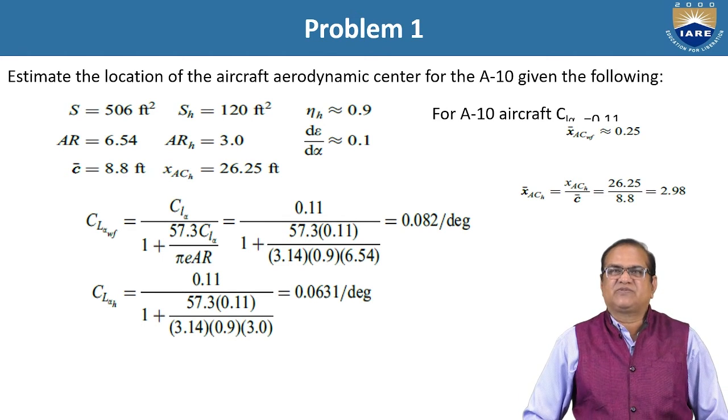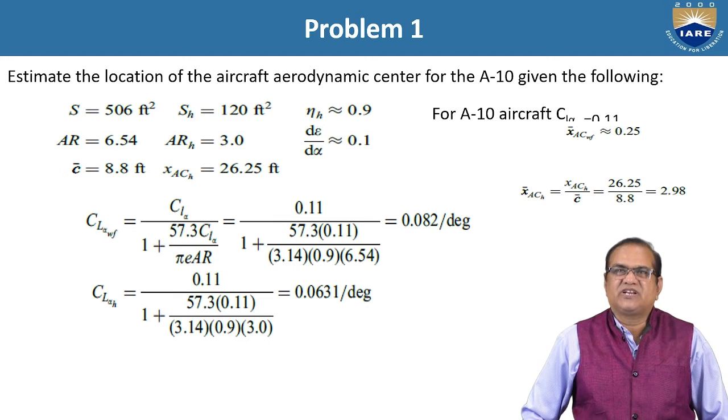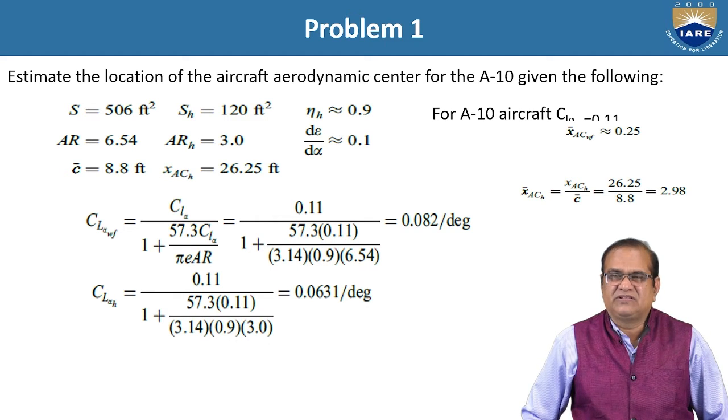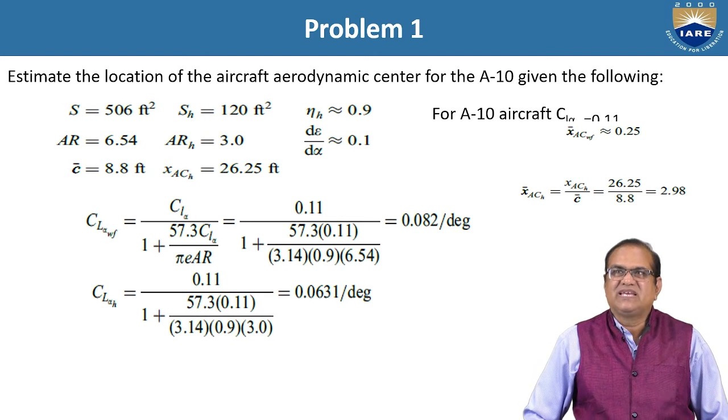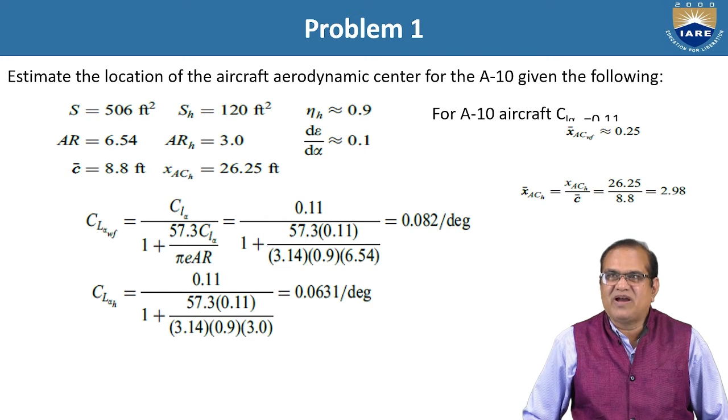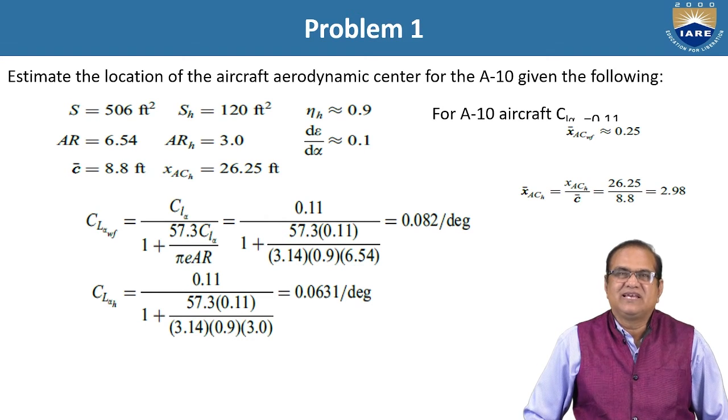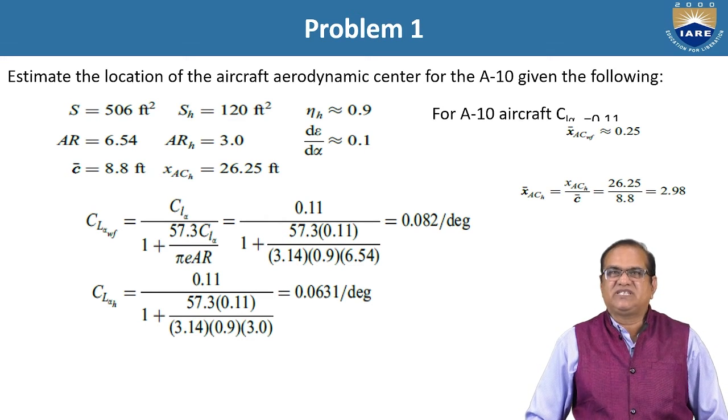Aspect ratio is 6.54. Aspect ratio of the tail is 3.0. D epsilon by d alpha is equal to 0.1. CL alpha is given as 0.11. C bar is 8.8 feet. XAC is equal to 26.25 feet. So these things are given.